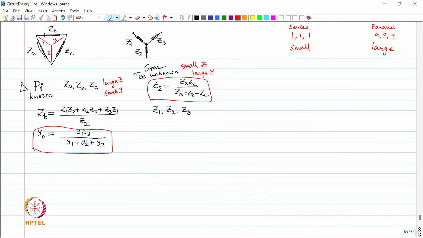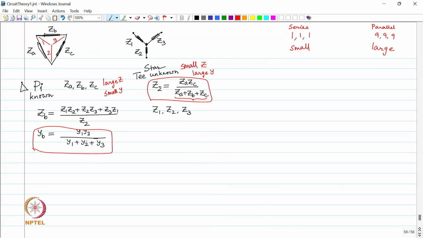Fine. And how are you going to go from small to large? Or how are you going to go from large to small? You are going to divide by a sum, right. Take the product and divide by a sum, right. That is how you go from something large to something small.